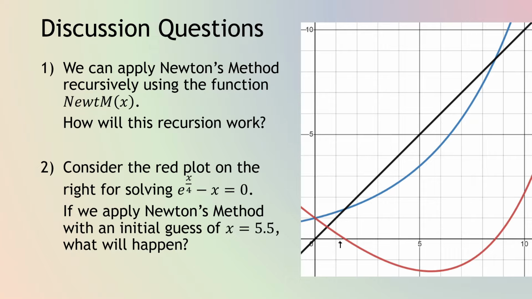We talked about finding the zero over here for this function, and we've talked about finding the zero over here. But what happens if our first guess for Newton's method is 5.5? What if we guess right here? What's going to happen? So think about those two questions. Take a look back through the material if you need to, and then we will have a discussion at the beginning of class.